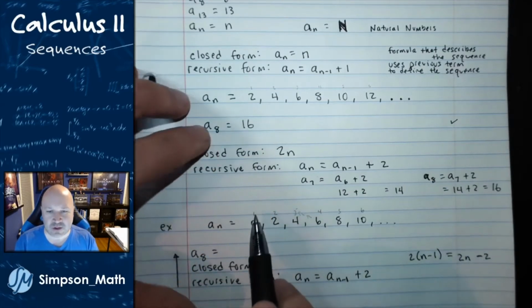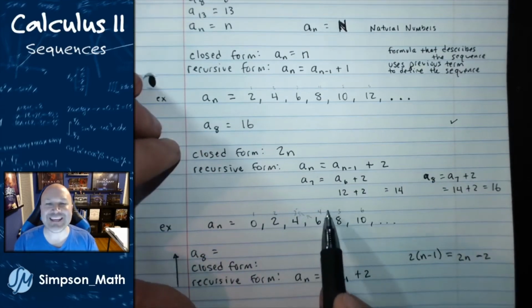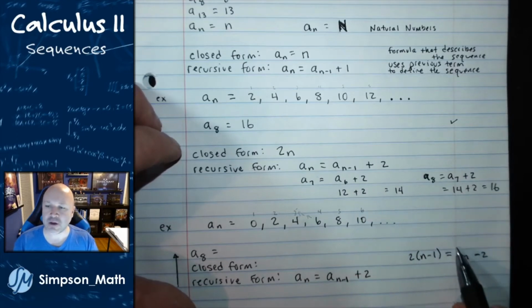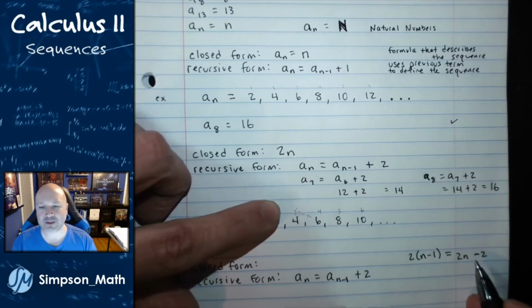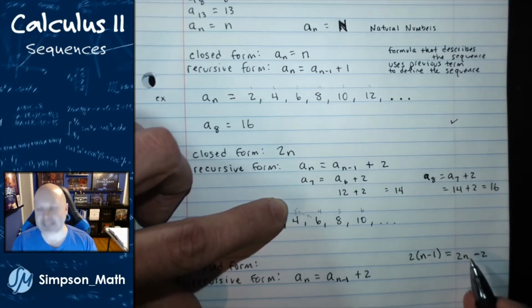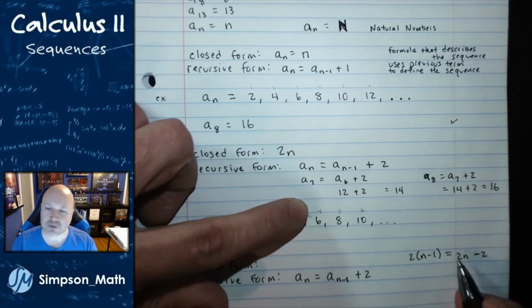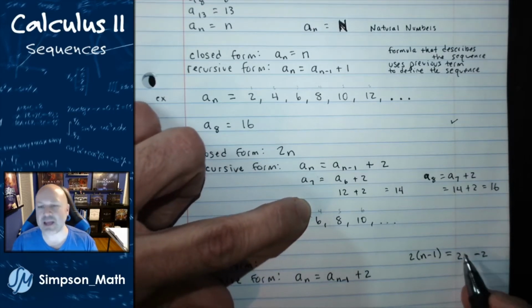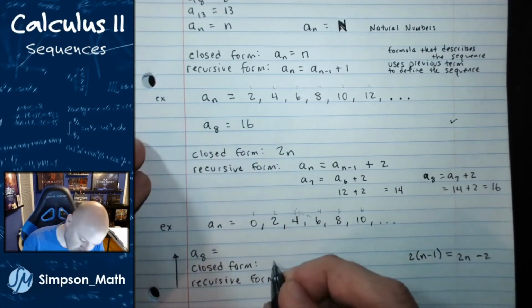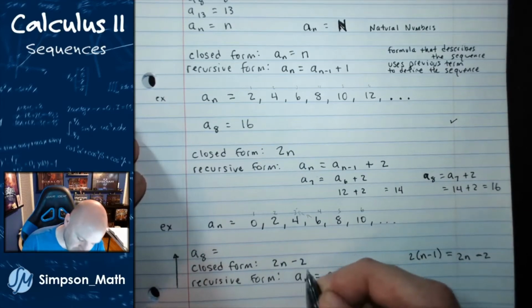Notice these indices are the n's that I am using in my formula. Okay, 2 times 2 is 4. 4 minus 2 is 2. 2 times 3 is 6. 6 minus 2 is 4. 2 times 4 is 8. 8 minus 2 is 6. Okay, I like it. Closed form, 2n minus 2.